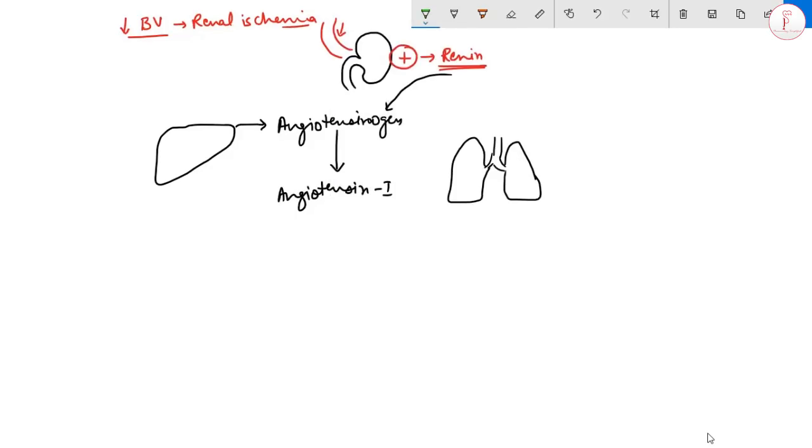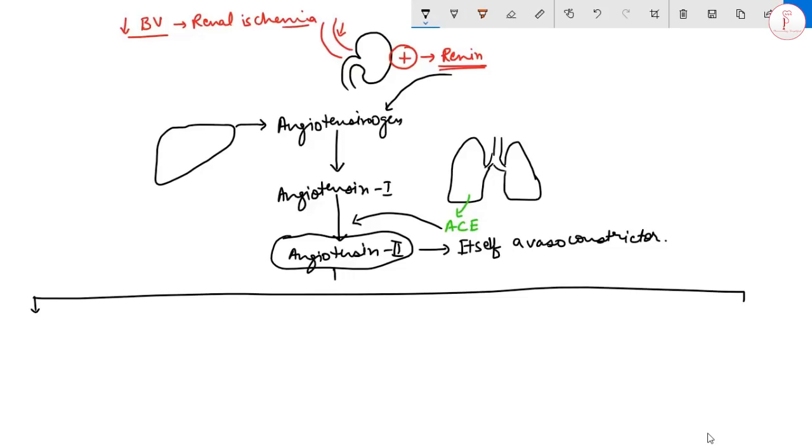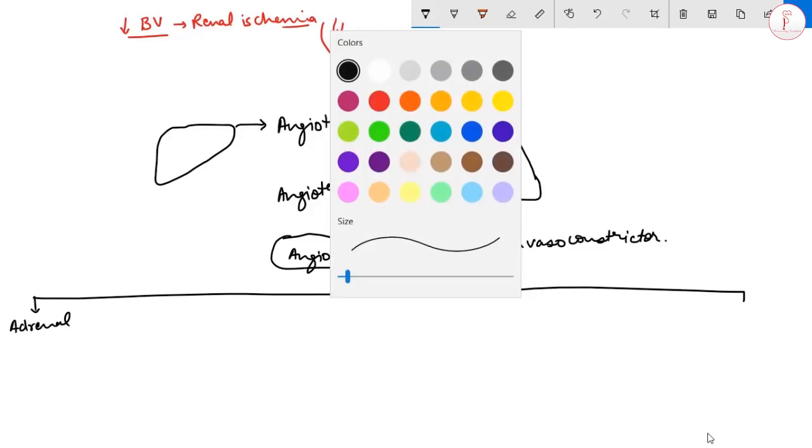Now this angiotensin 1 is the substrate for angiotensin converting enzyme that is released by lungs. Angiotensin 1 is converted into angiotensin 2 by ACE. Angiotensin 2 itself is a very potent vasoconstrictor. That means it can cause constriction in the blood vessels, and angiotensin 2 has several physiological effects.